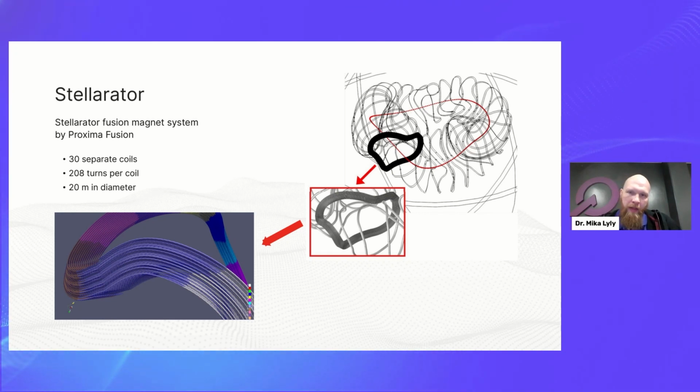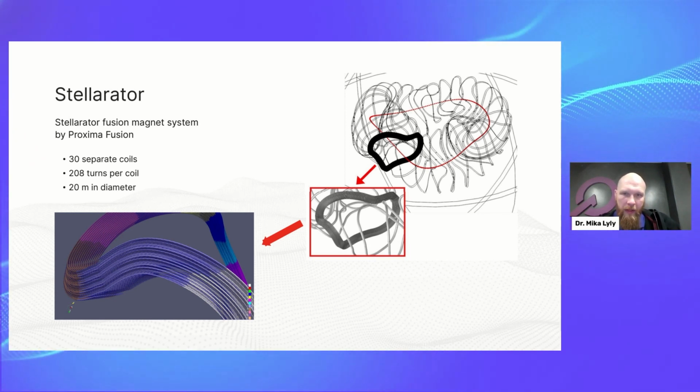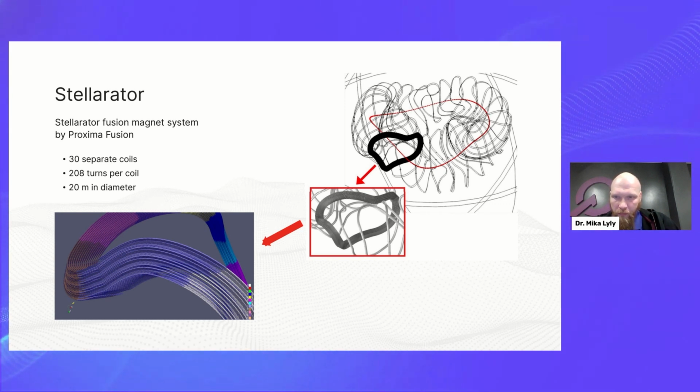And then if you consider the approximate diameter of the stellarator, it's about 20 meters. You will get the picture about the size of the problem. And here on the bottom, you can see the mesh in the detailed coil.